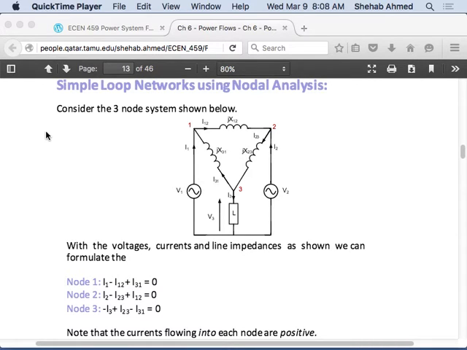Last time we were talking about this circuit here, and I was saying, okay, if I would like to find the currents in these branches, the currents are equal to the voltages at the two nodes at the terminals of each branch, divided by the impedance, or multiplied by the admittance, right?